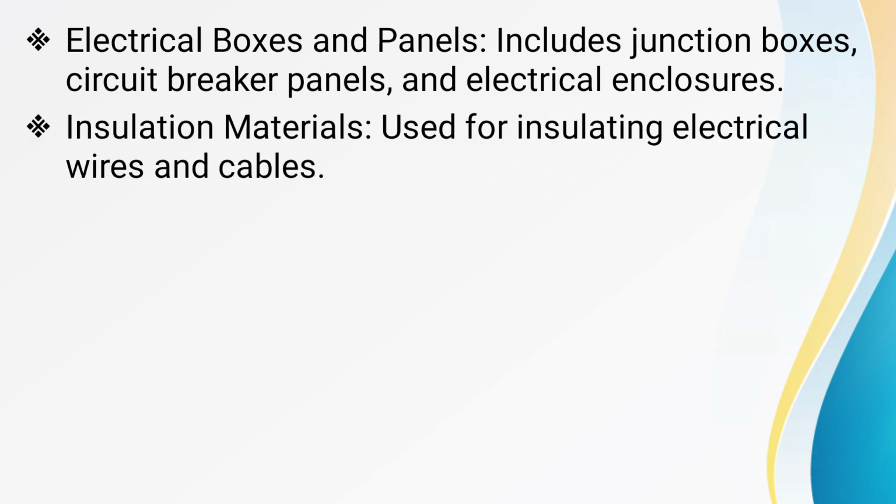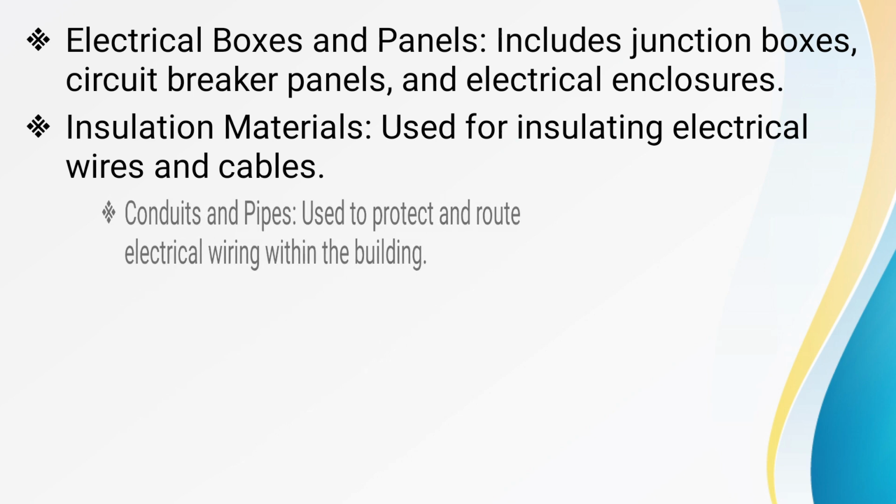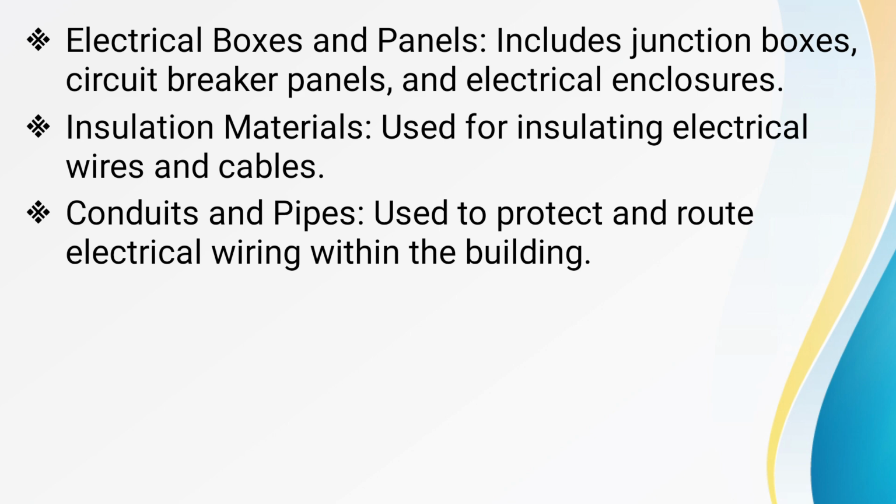These are materials used for insulating electrical wires and cables. Then we also have another example of a non-conductor, which is conduits and pipes. These are used to protect and route electrical wiring within the building. We also have some other examples, but for now we can just outline a few, and you can find out about more of the types on your own.